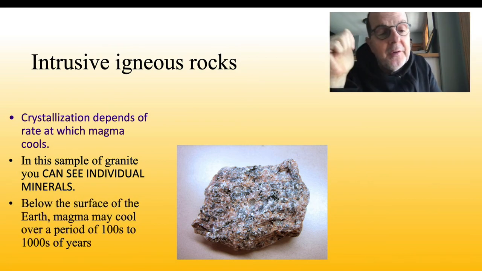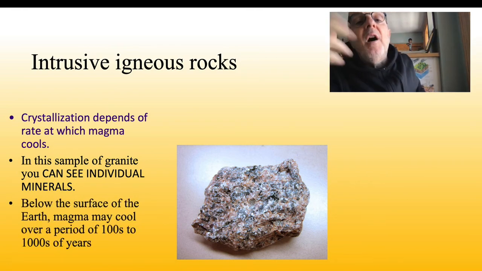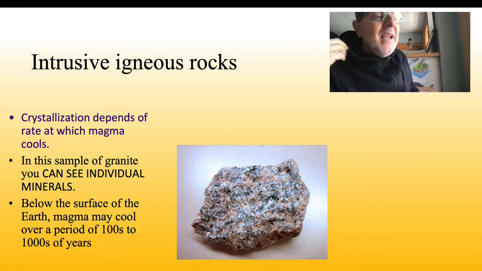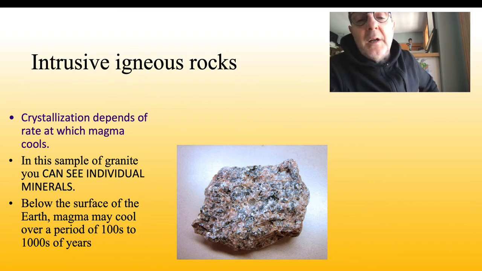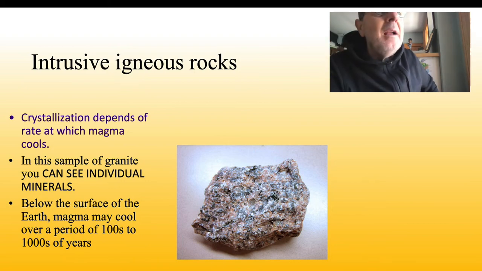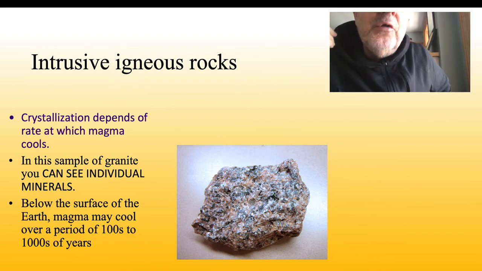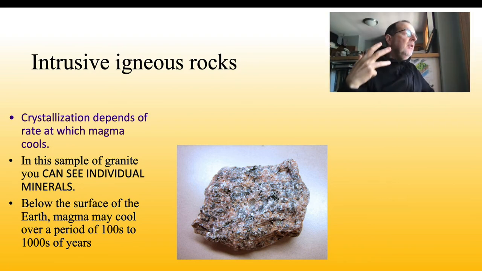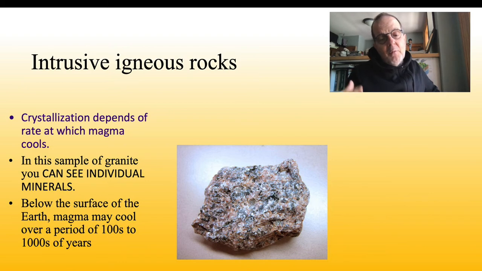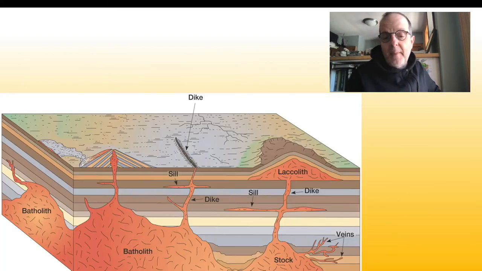Below the surface of the earth, magma may cool over a period of hundreds to thousands, tens of thousands, hundreds of thousands, even millions of years. It can take a very long time for a magma chamber to go from the liquid state to the solid state and become what we call a batholith.